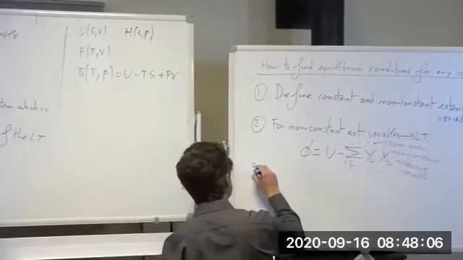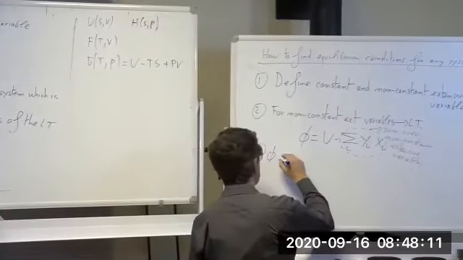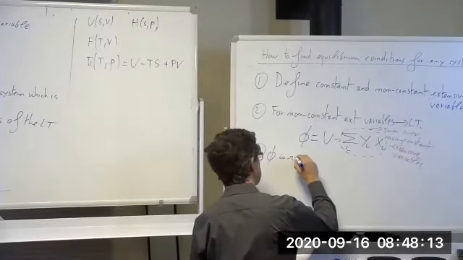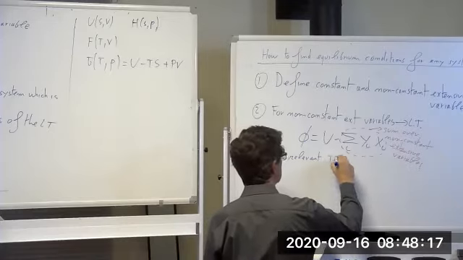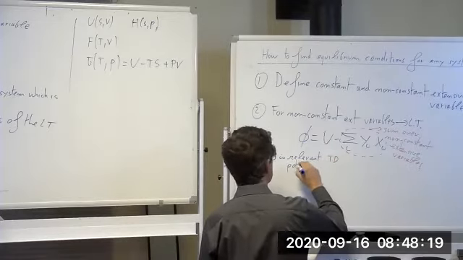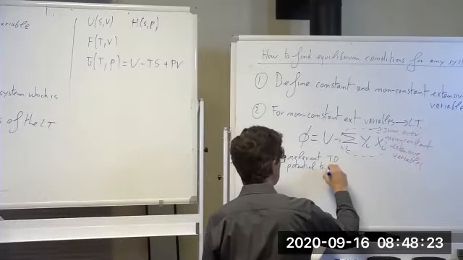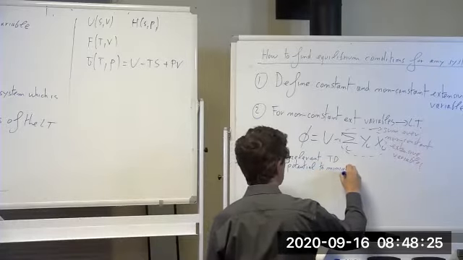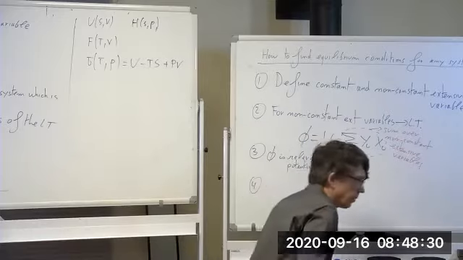3 is obvious. Phi is the relevant thermodynamic potential that is minimized. And what is number 4?